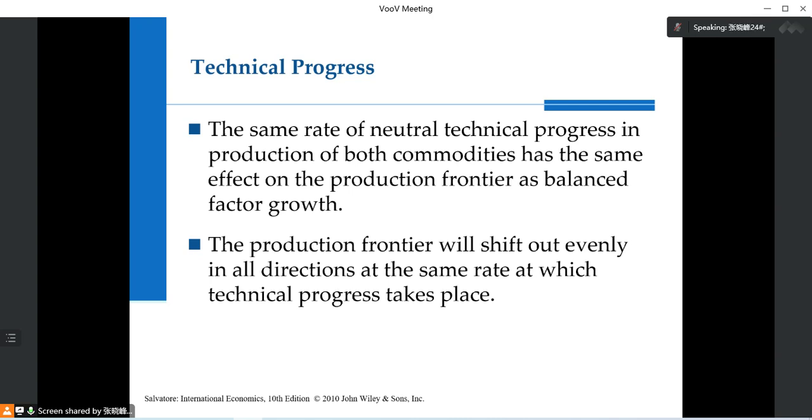The same rate, that is the neutral technical progress, not aggressive and not conservative, it's neutral, has the same effect on the production frontier as balanced factor growth. Another one is the production frontier will shift out evenly in all directions at the same rate at which technical progress takes place.